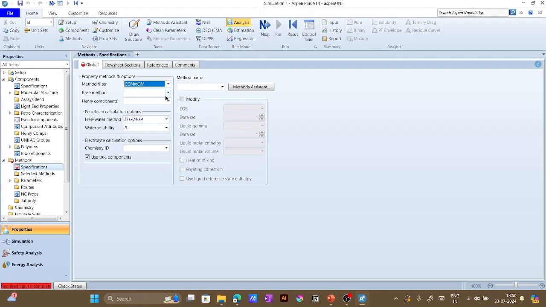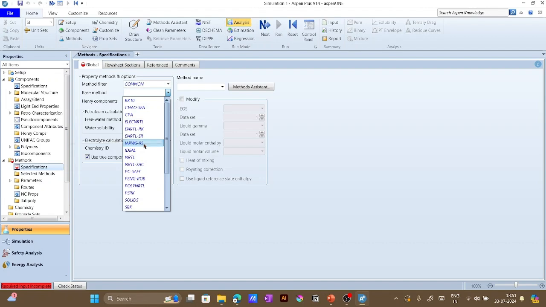There are basically four types of methods available: ideal, equation of state method, activity coefficient method, and the rest you can categorize in that way. There are different options available here. I am also starting the same way you are, and I see multiple options but I don't know which will be useful.